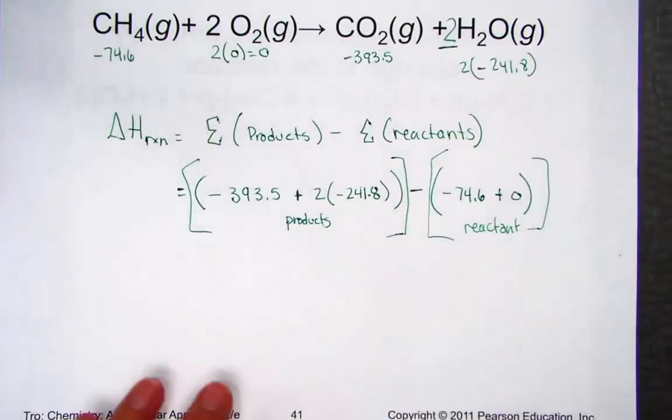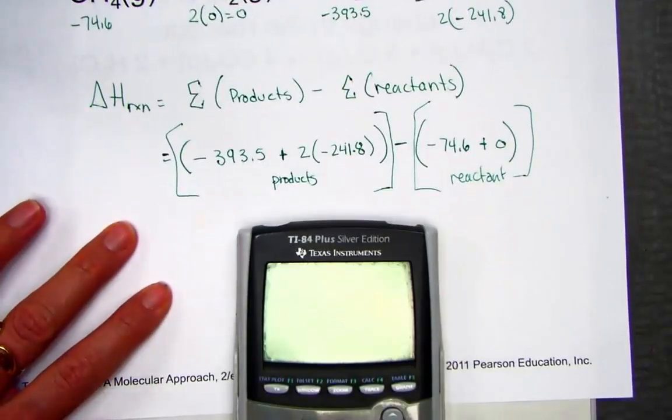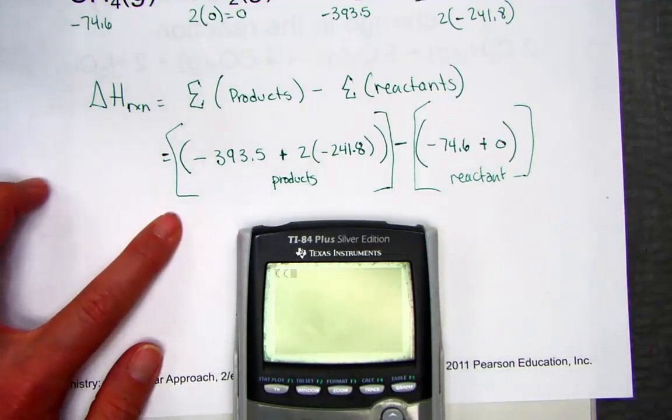Let's hit our calculator and see if we can get a common answer. All right. So first set of parentheses, negative 393.5 plus 2 times negative 241.8, close your parentheses out, minus negative 74.6 equals.